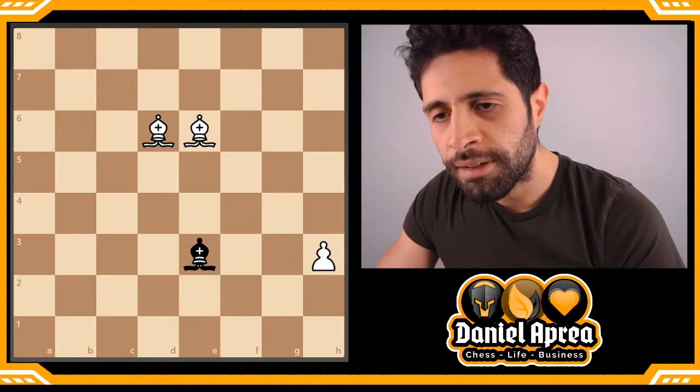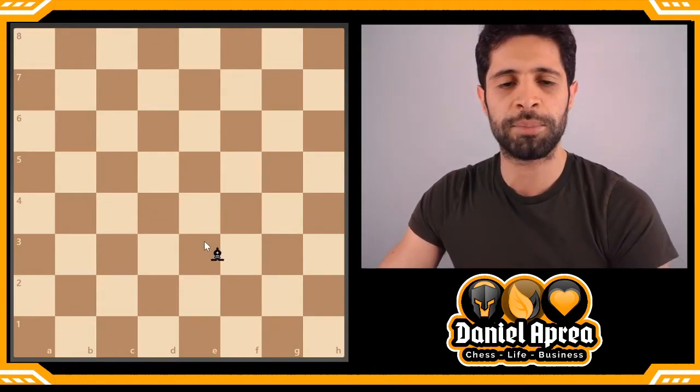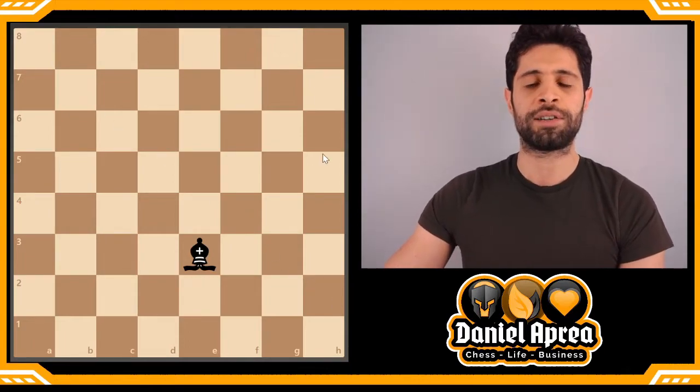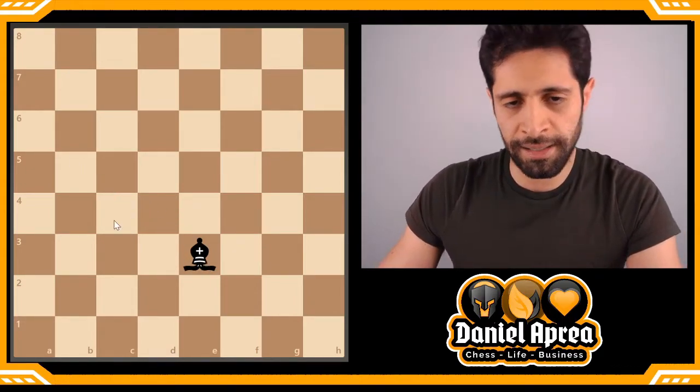So let's say you've got two bishops and then you have only one. What's happening on the other complex of squares is that those squares might potentially become weaker. And we will see a little bit later when we talk about strategy how to use these particular principles in a game.